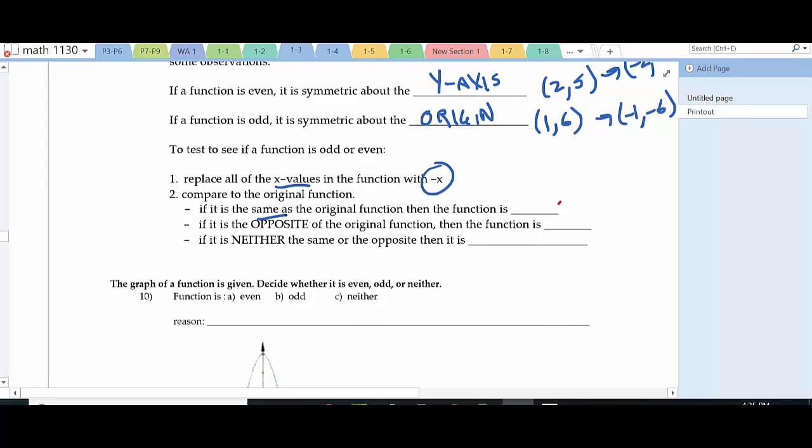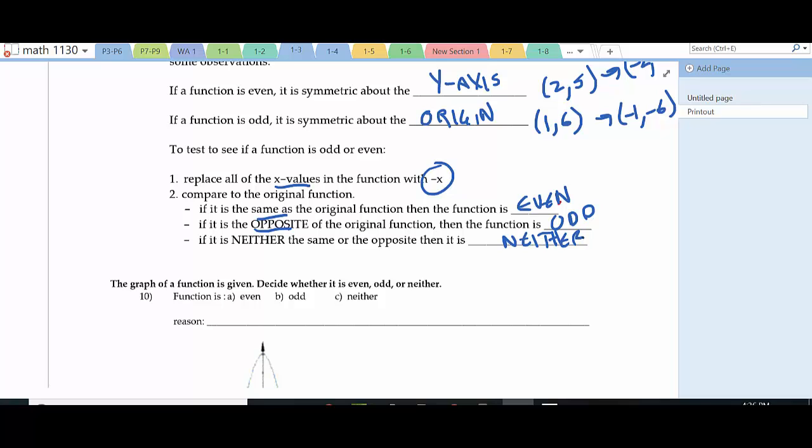If you get the same as the original, then it's even. If you get the opposite of the original function value, that's odd. If neither of those things happen, then it's going to be neither. I'll show you what we mean by that. We're going to look at some graphs, and then we're going to start transitioning into I give you a function, you figure it out without graphing. That's what we're after.